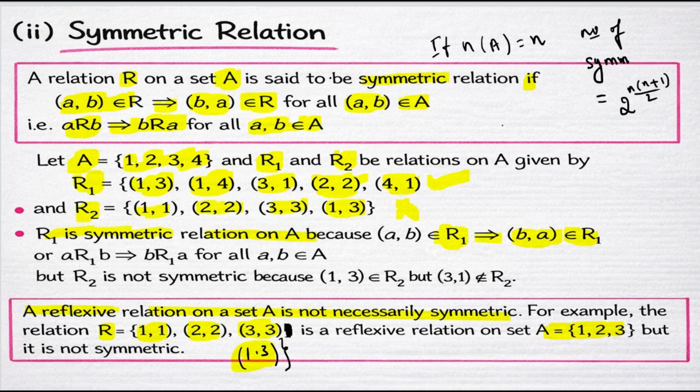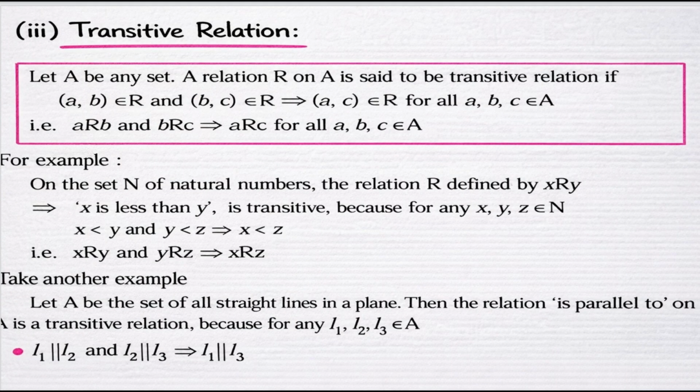This is the number of symmetric relations on a set A which contains n elements. Okay, next we will move on to the next relation, that is the transitive relation.